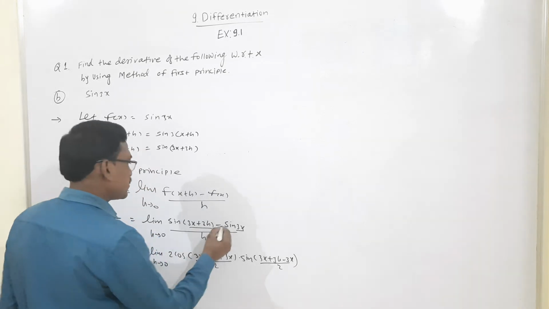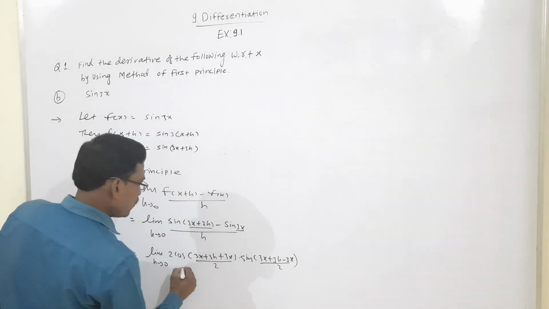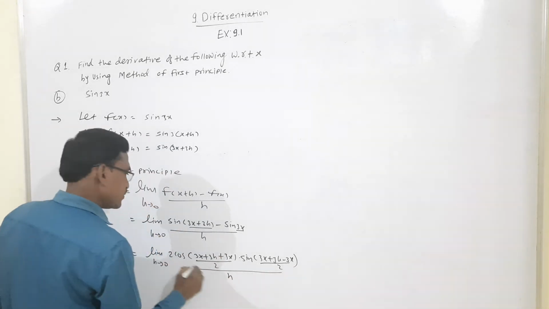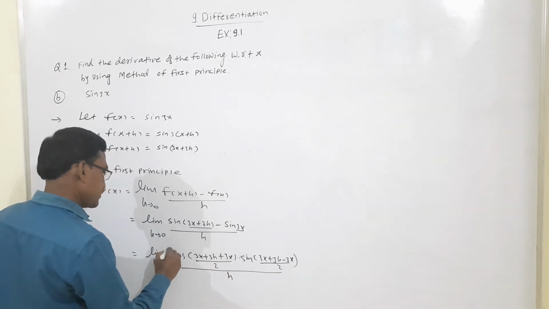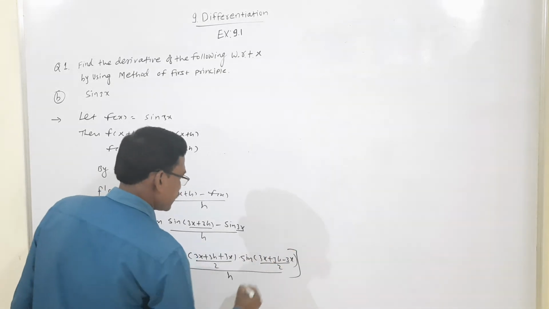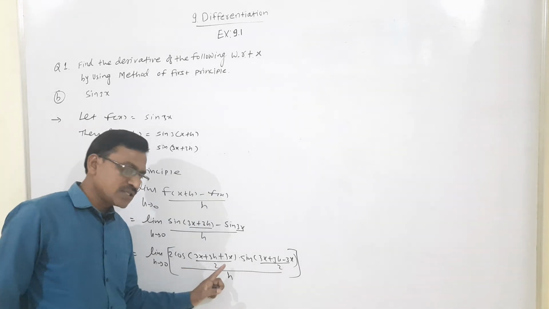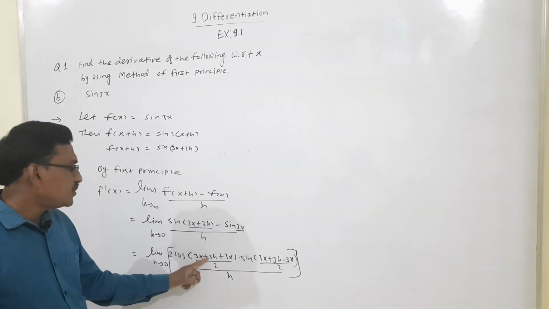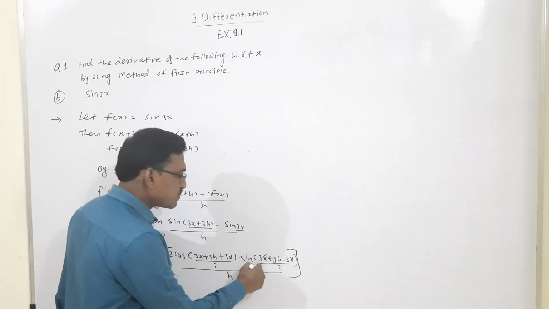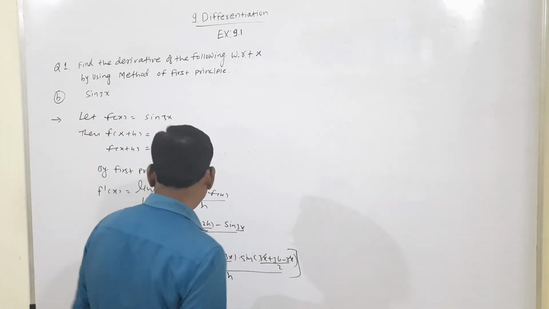This is the expansion of sin a minus sin b, whole divided by h. Now 3x plus 3x is 6x by 2, and 3h by 2, and 3x minus 3x gets cancelled, so it is only 3h by 2.